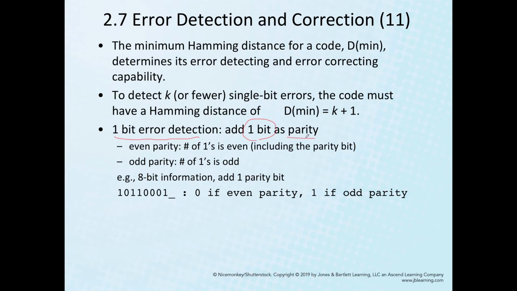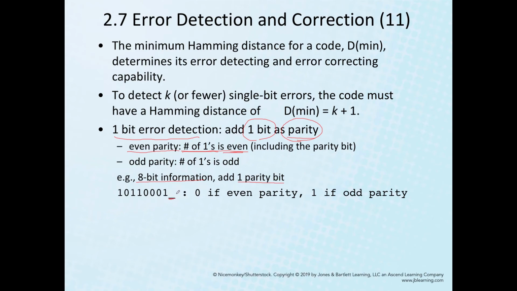Add 1 bit as a parity, and that bit determines the value as follows. If you want to use an even parity system, then the number of ones in the whole information should be even. So you add one additional bit called parity to enforce this condition. Suppose we use 8-bit information, then we add one more bit as a parity bit here.